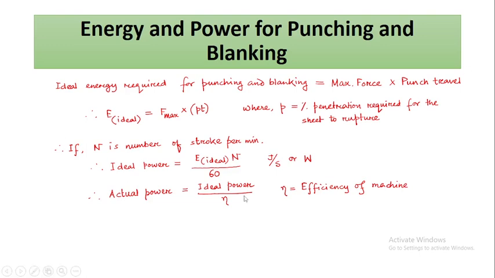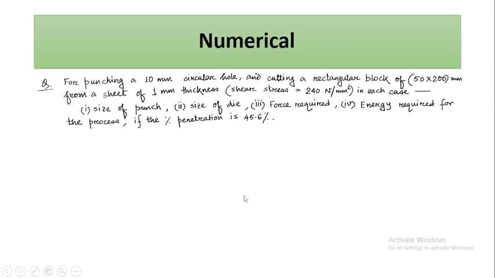Clear? Now suppose a numerical is given where you need to do the punching operation. During the punching operation you have to punch a 10 mm circular hole and cut a rectangular block whose dimension is 50 by 200 mm from a sheet.